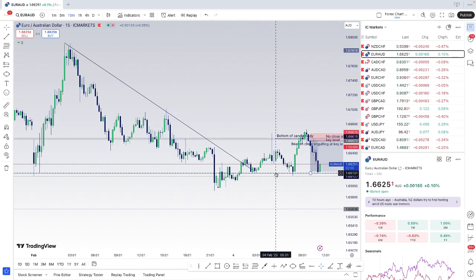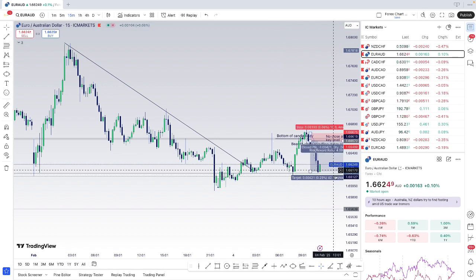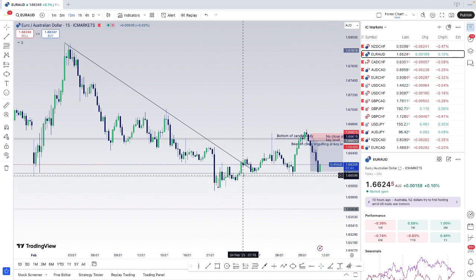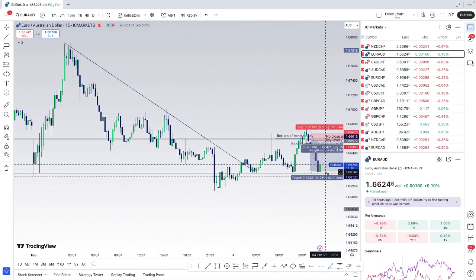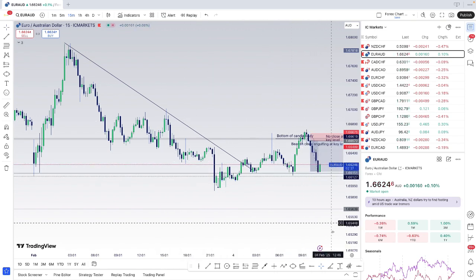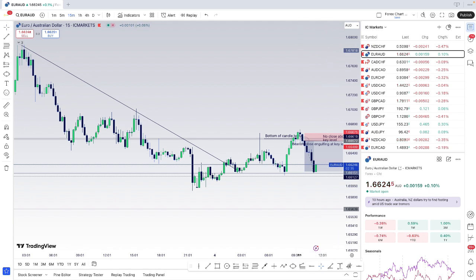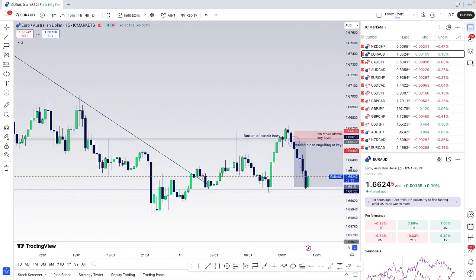This is some higher time frame liquidity, and I know there's a lot to take into account in this, and you can simplify it. You can just say, okay, we've got an area of support here, but this is just because I know this pair really, really well, and I've got this marked out because I know where pretty much every level is, and where we get the switches and momentum based off this level.